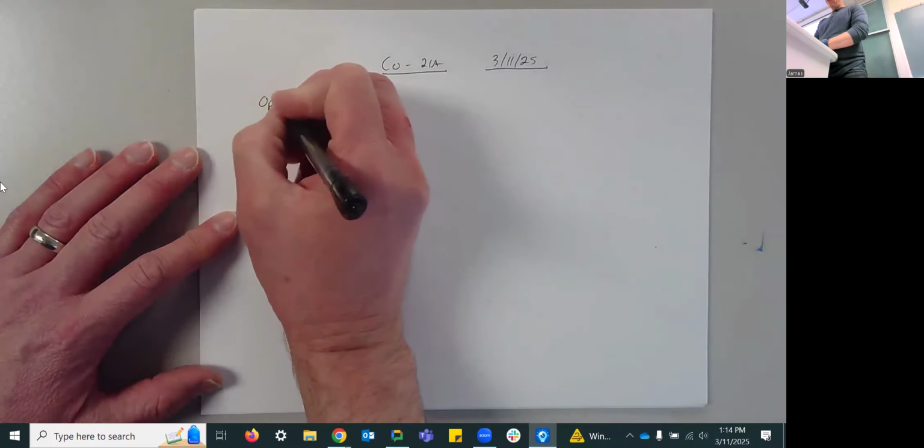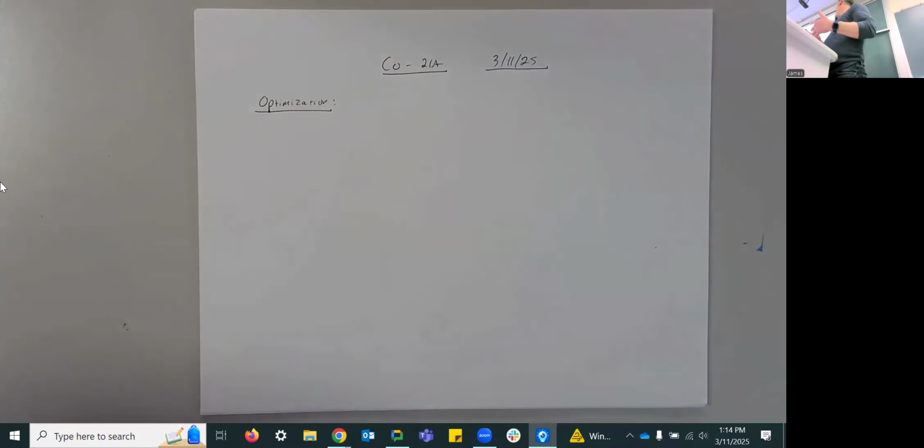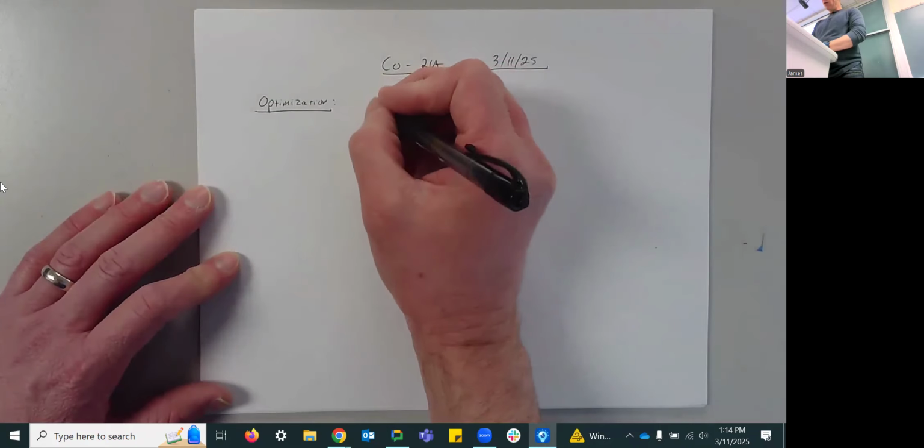Let's do a little bit of optimization first, just so we can have a little bit more exposure. Again, we'll talk about the process as we go along here. So let's look at the following question.